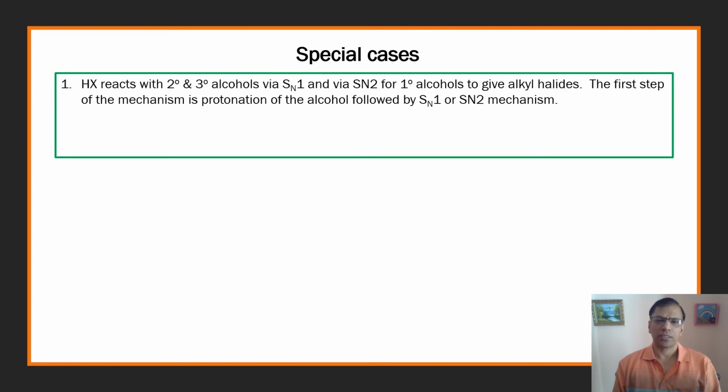Let's talk about special cases. Alcohols are unique in their reaction with hydrogen halides. So if you have a primary alcohol, it will react with HX, that's a hydrogen halide, via an SN2 mechanism.